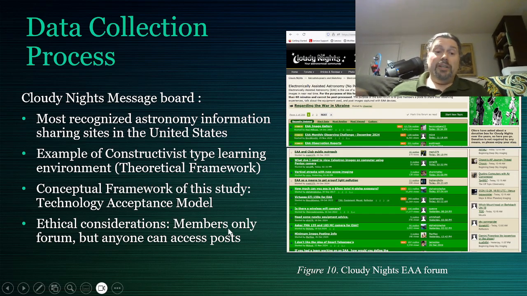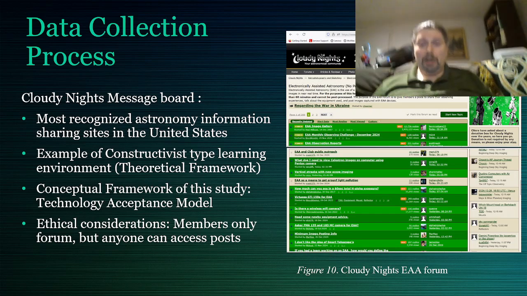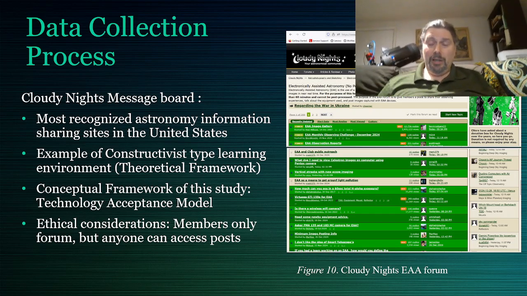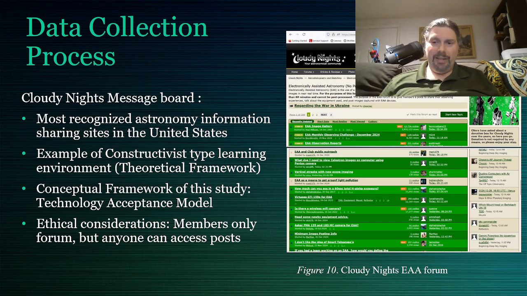There are other ethical considerations we have to consider here. This is a members only forum. However, anybody can access the posts with any computer on the internet. For instance, I'm a member of Cloudy Nights. I can post on Cloudy Nights. I can look at everything.